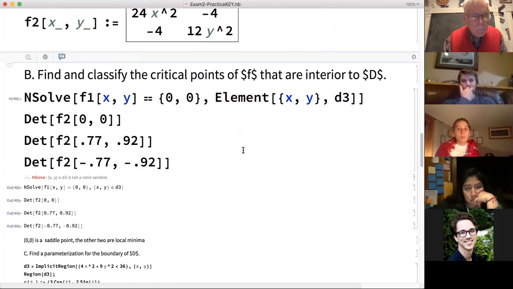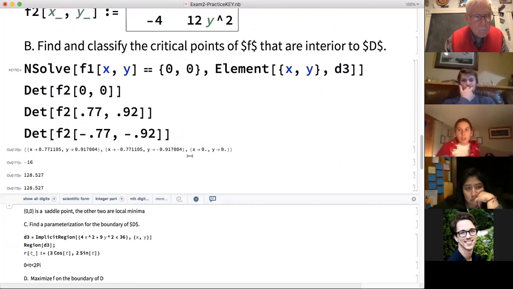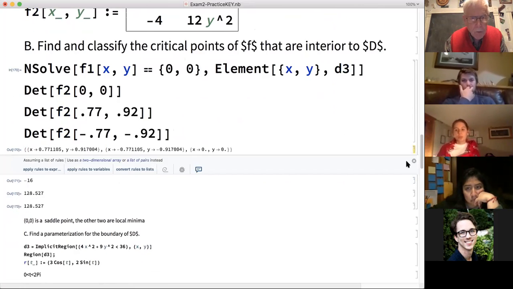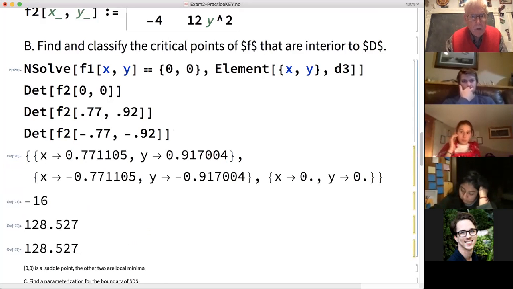But knowing what D3 is, can you just visually say, okay, all of these are out of the region, these are the ones that actually matter? You can, but if you use the code that I give you, it spits out the ones that are just in D3.